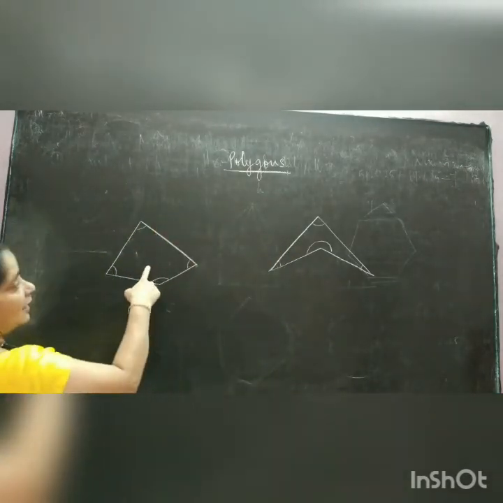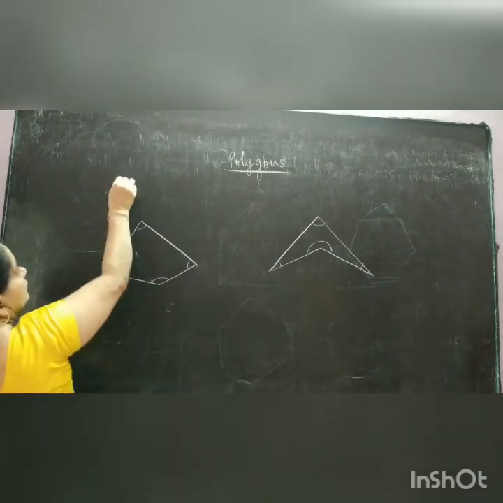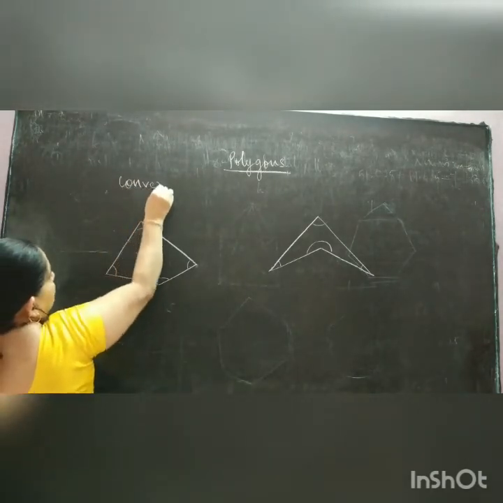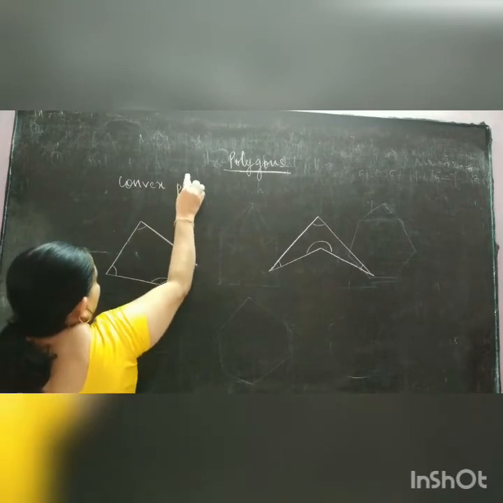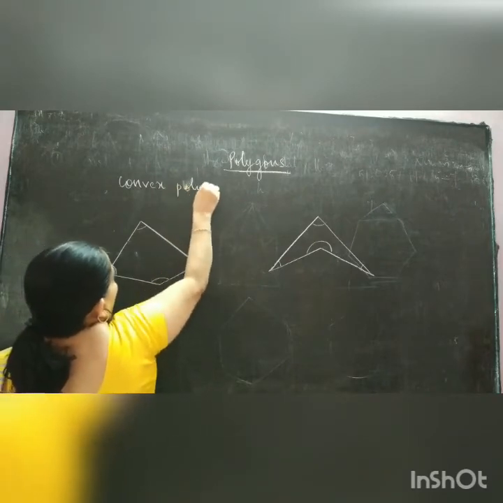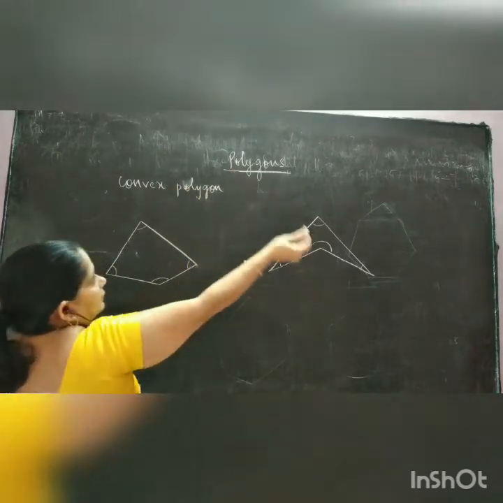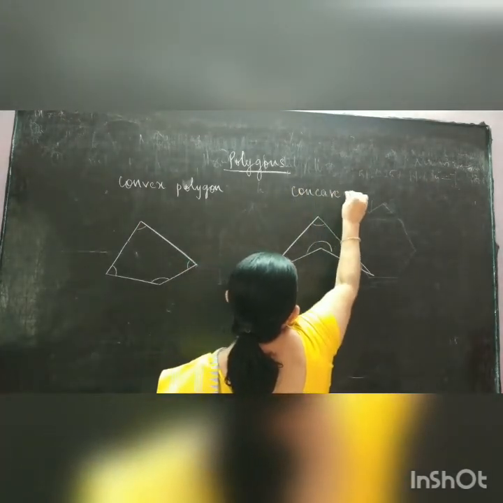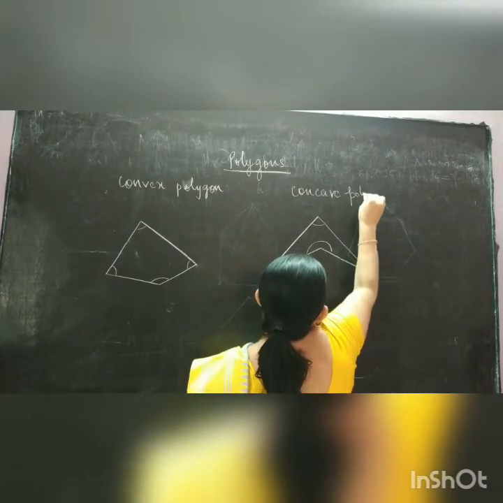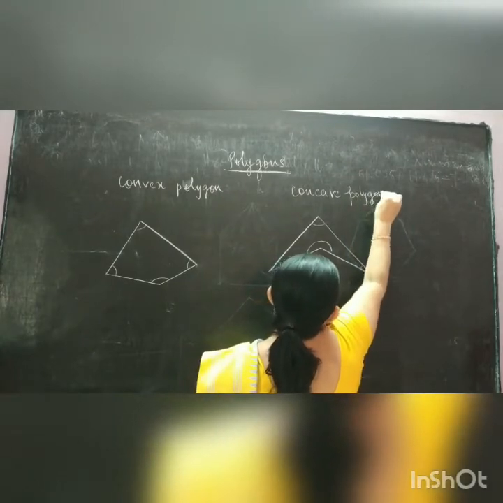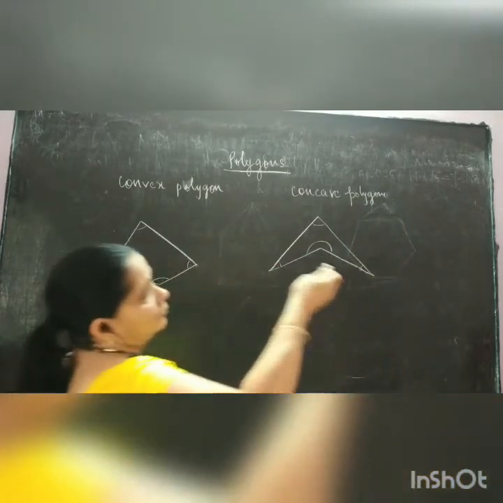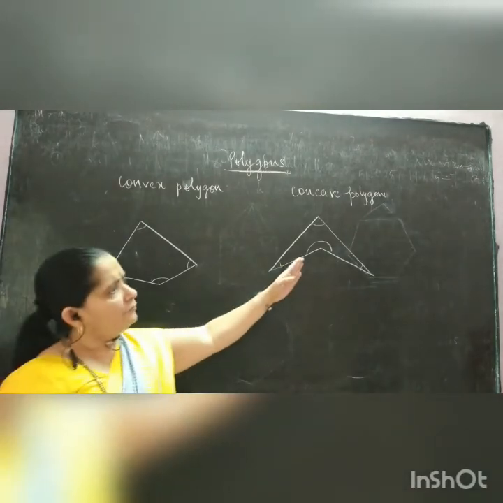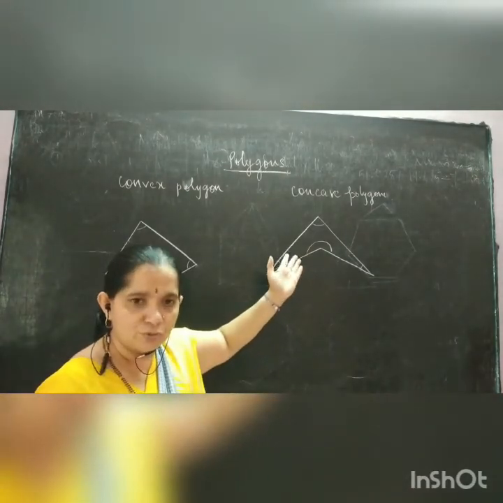So this kind of polygon is called convex polygon. Then here this is called concave polygons. So if you take pentagon or more sided figure, maybe one or maybe sometimes two also.